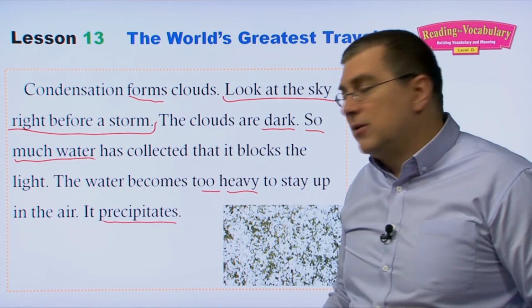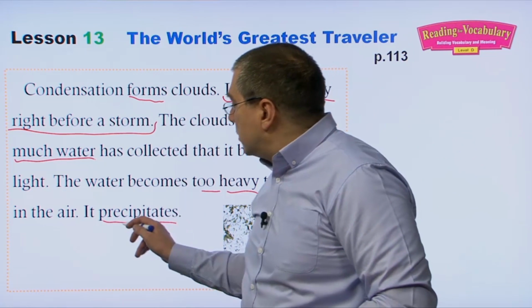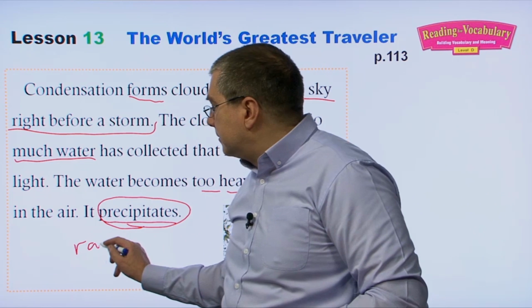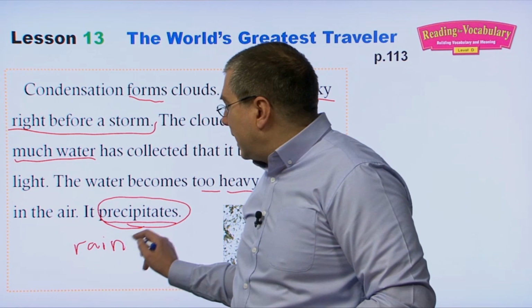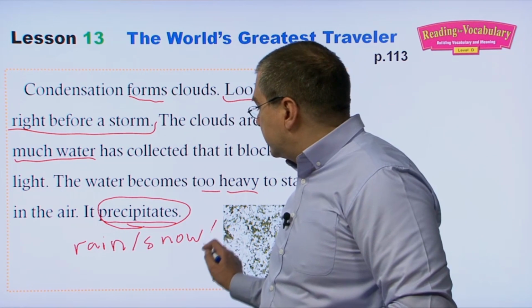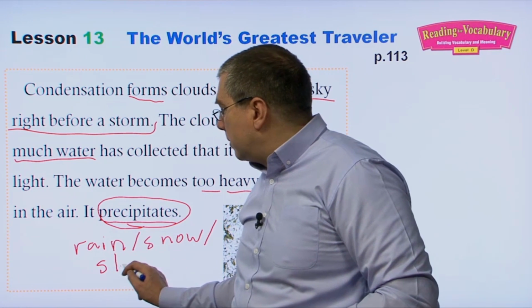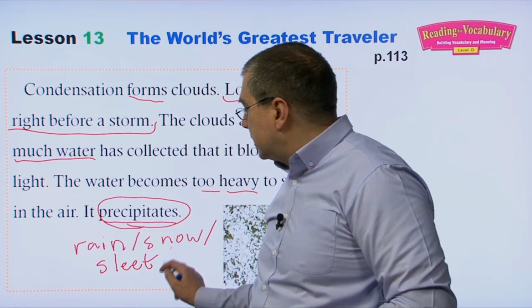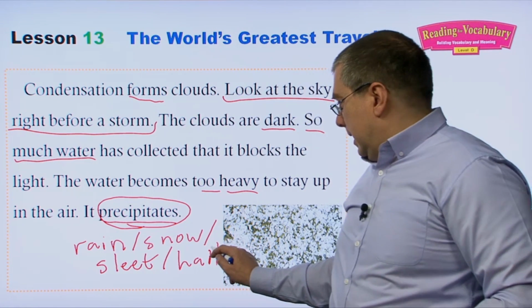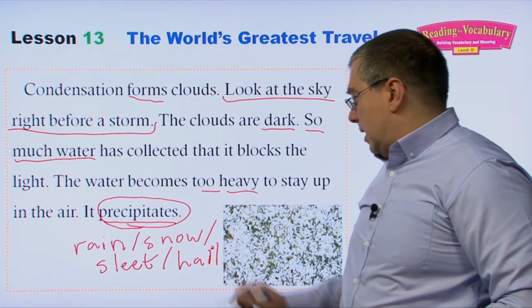But there are lots of different types of precipitation. The reason we use precipitates is because it can rain, it can snow, right? We also saw that it can sleet. Remember that word? There's another one, hail. Let's talk about that after a while. H-A-I-L, okay?